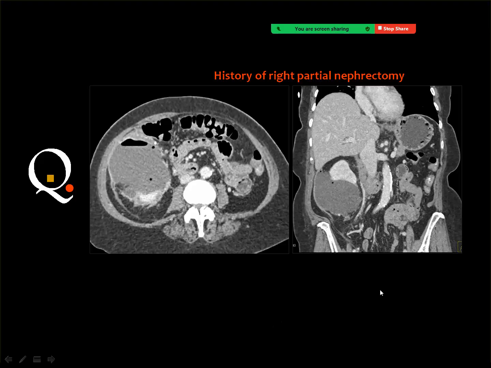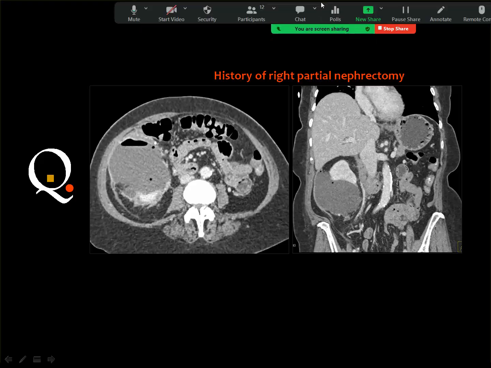The next case is a patient with a history of right partial nephrectomy, and at the operative bed, you can see this appearance.